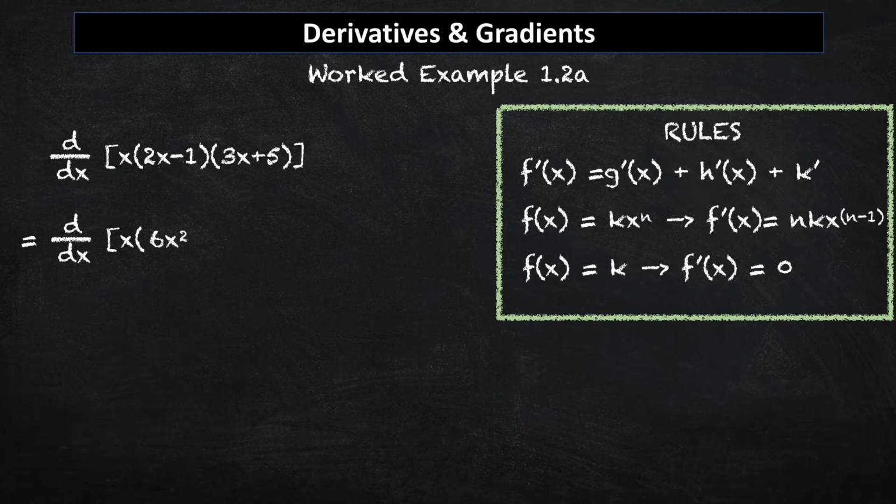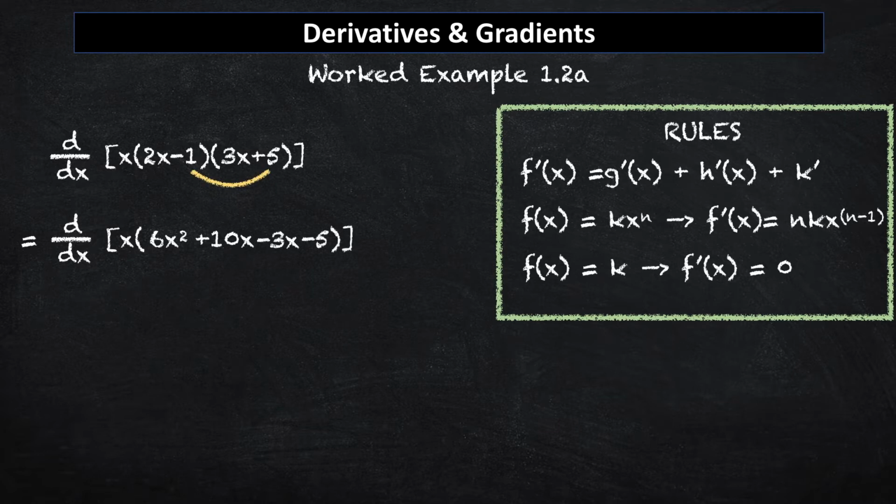And then we have the multiplication between 2x and 5, which is plus 10x. The next one is the multiplication between minus 1 and 3x, which is minus 3x. And finally, the multiplication between minus 1 and 5, which is minus 5.